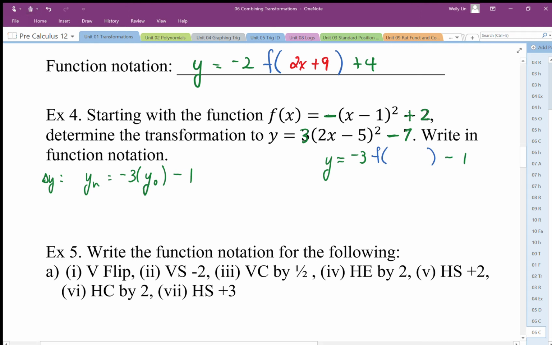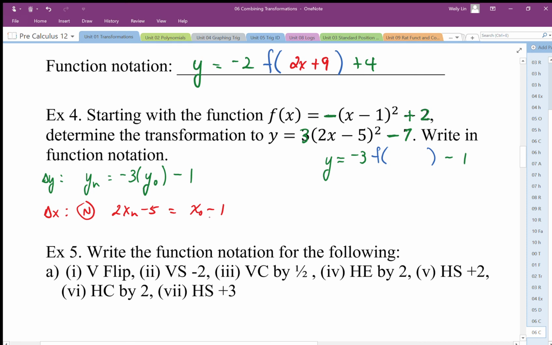Now, what's going to be a little bit harder is that this is my new x over here, and this is my old x. I actually need to calculate a new x to get back to this old x. If I can keep track of that, it helps a little bit. Here's my change in x. This is my notation, by the way. Here's my new notation, and it needs to get back to this old notation.